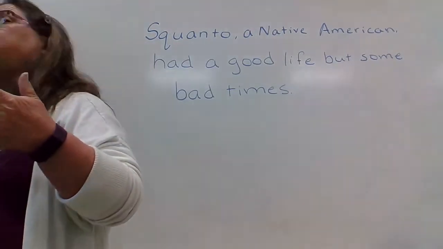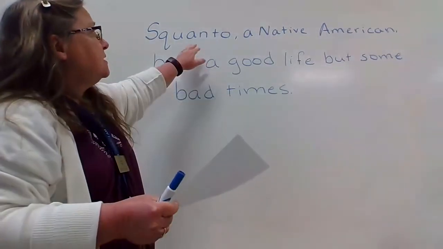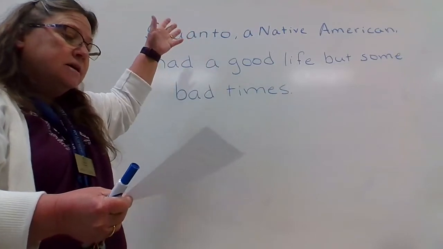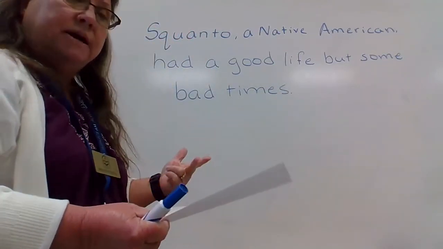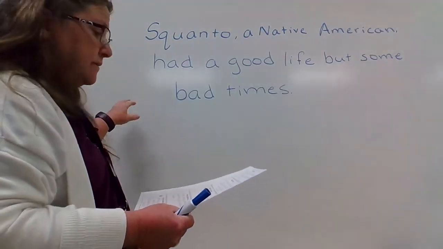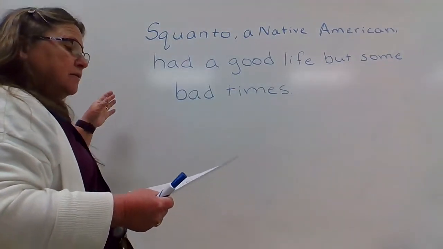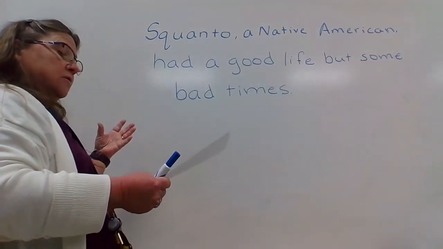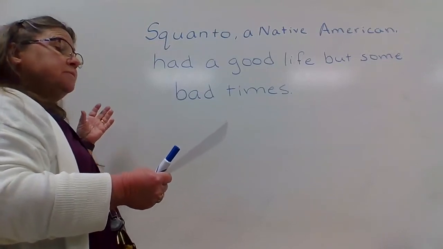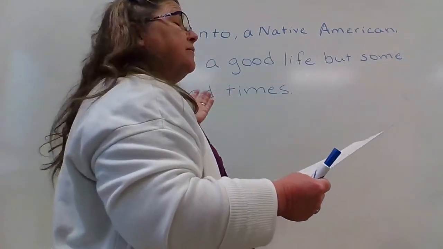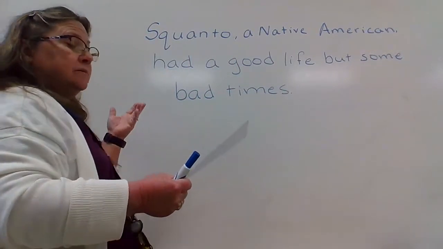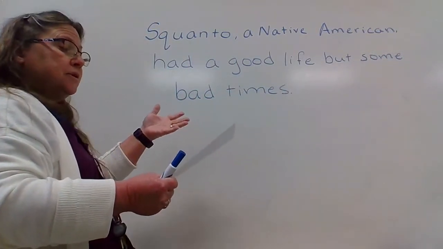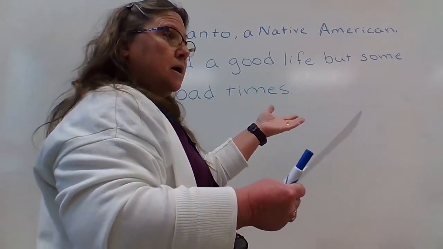So, the good things, some of the things about him being a Native American was we know when he was born, and we know where he was born, and we know what type of Indian he was. So, my first sentence could be something that first Squanto, who was born in 1585, lived in the village with the Wampanoag Indians.